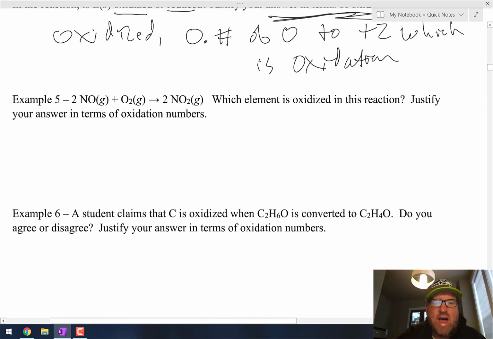Okay, example 5. Which element is oxidized in this reaction? Justify your answer in terms of oxidation numbers. So here oxygen is by itself, so it's 0. Here it's -2, so nitrogen is +2. And then on this side you've got NO2. Now be careful here, because is that peroxide?